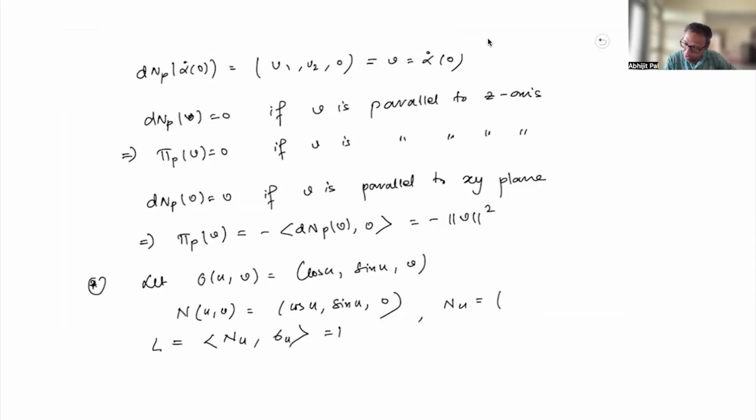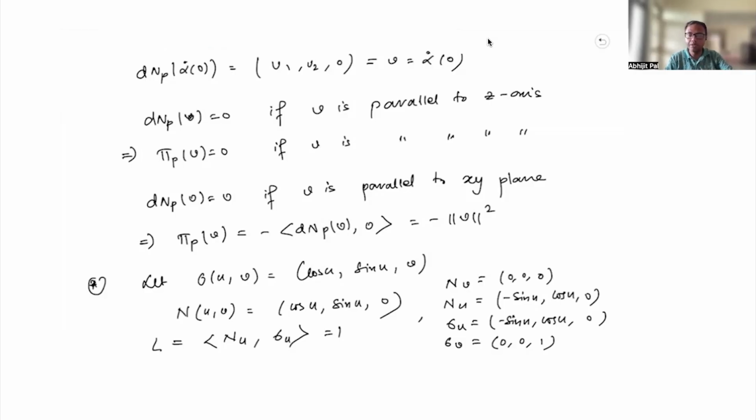So N_u will be equal to (-sin u, cos u, 0), sigma_u will be equal to (-sin u, cos u, 0), sigma_v will be equal to (0, 0, 1), and N_v will be equal to (0, 0, 0).